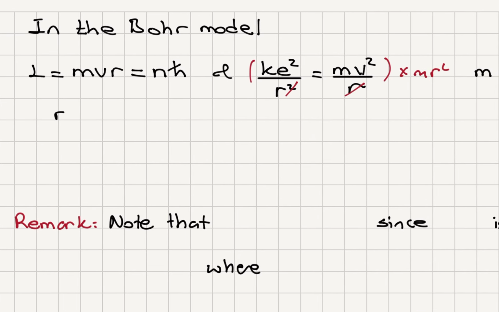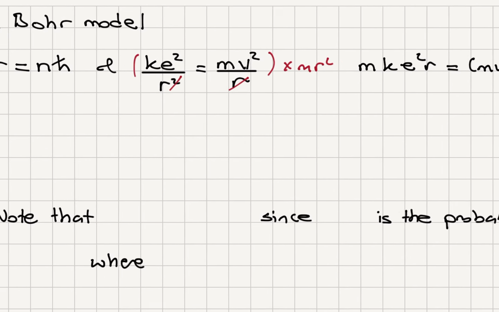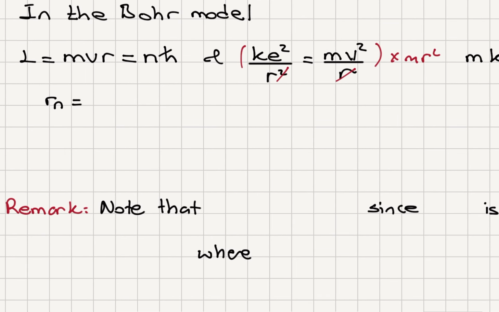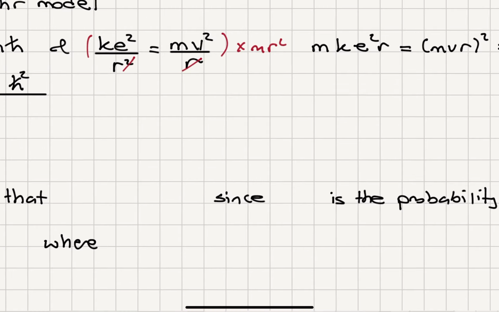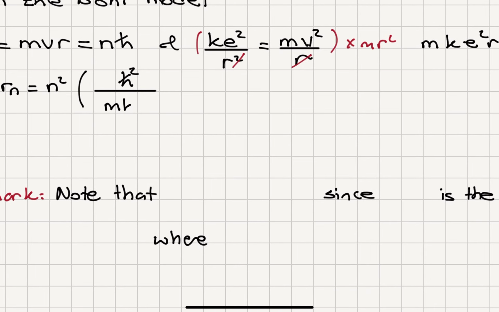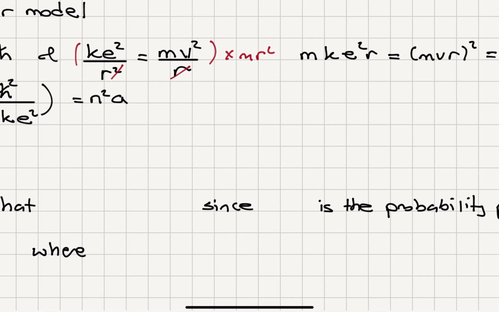So I can see that r_n is n squared h bar squared divided by mass times Coulomb's constant times the electron charge squared, which is n squared times the Bohr radius a. So if I have n equal to 2, I will have r_2 equal to 4a.